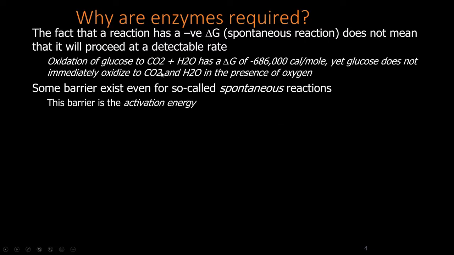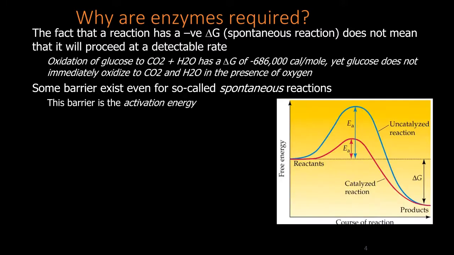It is a simple reaction which happens inside the body all the time. It has a value of minus 686 kilocalories per mole, which means it's negative. So what does it mean? It should always be converted. If you keep glucose, it should convert itself, whereas it never happens. Why? The reason is shown in this curve.